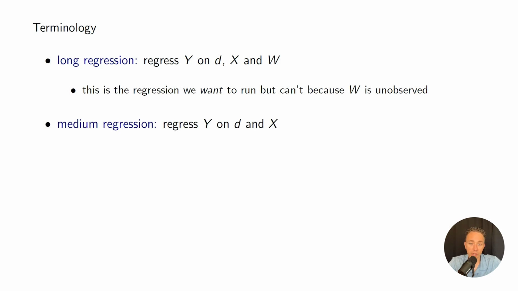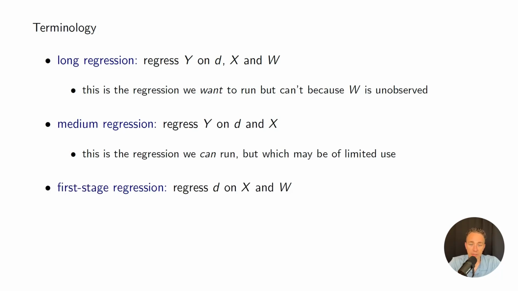Then we have the medium regression, which is just the regression of Y on D and X. Throughout this, I'm also assuming that we have an intercept in there. The paper is very clear about where intercepts enter and where they don't, but that's not a detail I'm concerned with for the purposes of this video. The medium regression we can run because we have all the data, but it's not going to give us an alpha hat estimate that represents a true treatment effect.